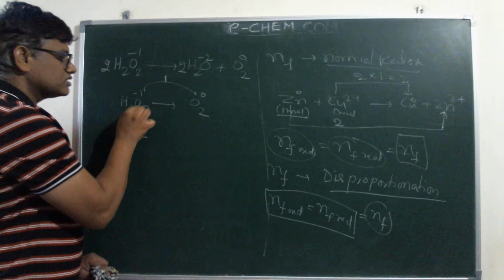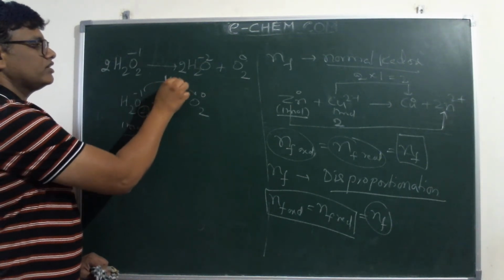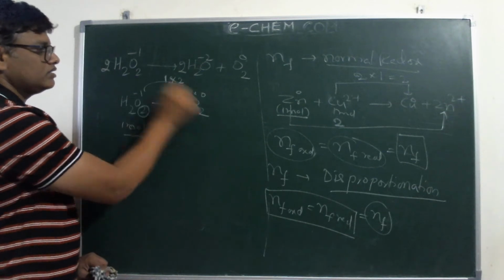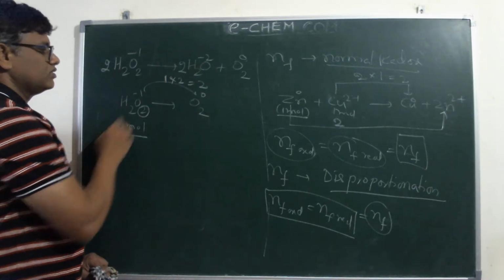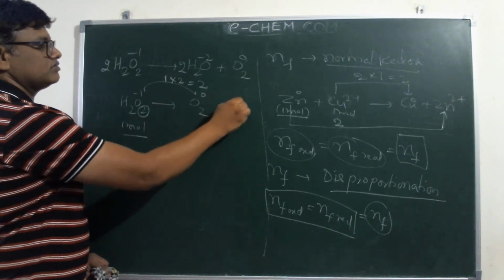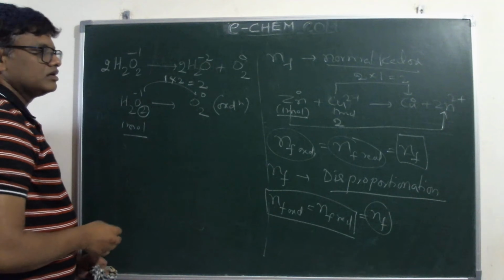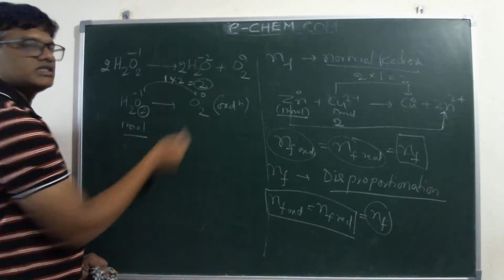But how many oxygens are there in 1 mole of the compound? 2, so you multiply by 2. The total is 2, since the oxidation number increases, this is oxidation. So 2 is the n factor for oxidation.